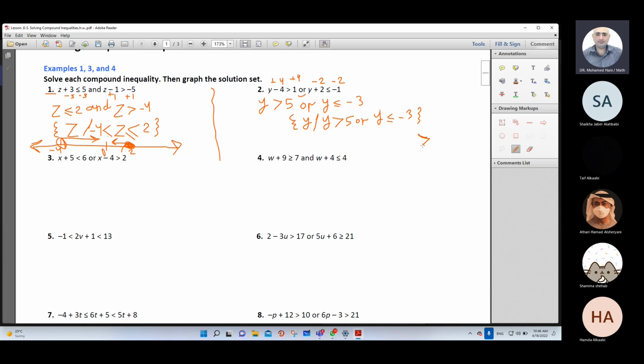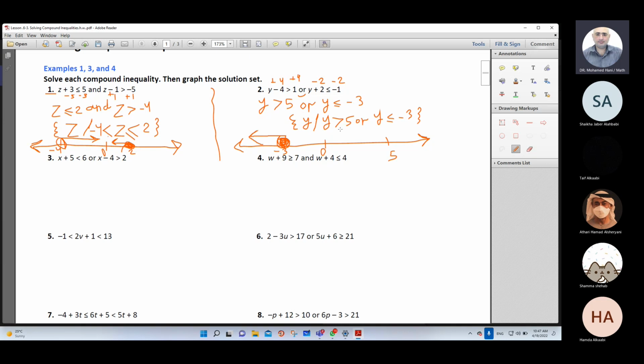The graph. This is 0 here. We have negative 3. Suppose here negative 3. We have equals in the sign, so use a shaded circle. And the direction y less than is to the negative side. And here you have 5.